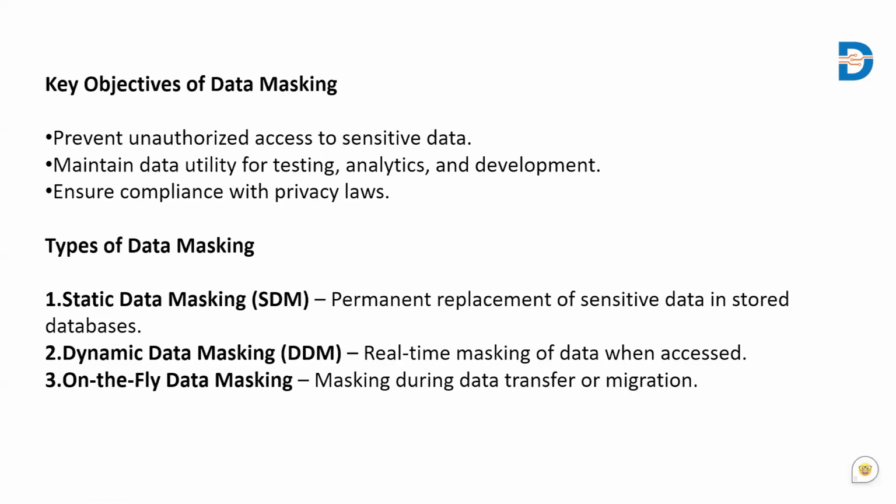So it will hide the data in real time. And on-the-fly data masking does masking during data transfer or migration, meaning as data moves between systems. So these are the types of data masking.